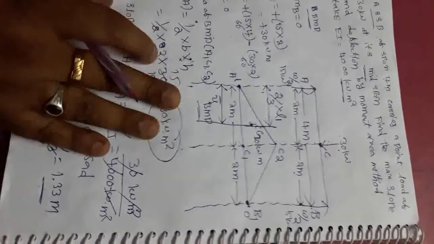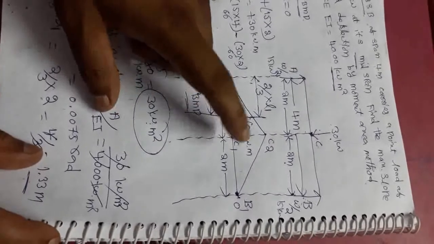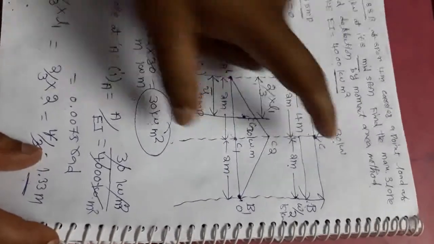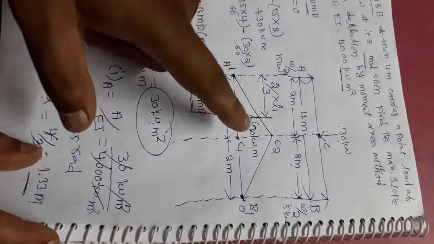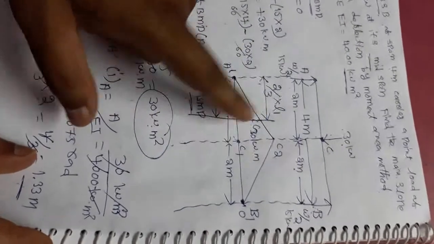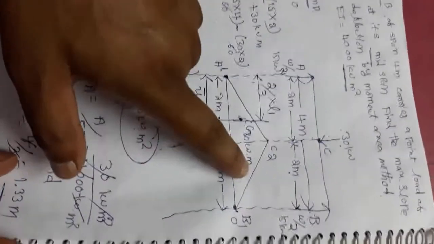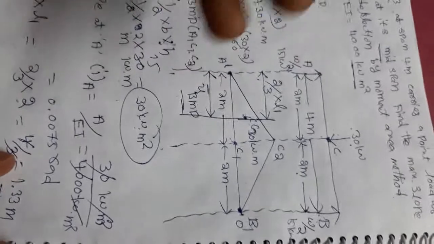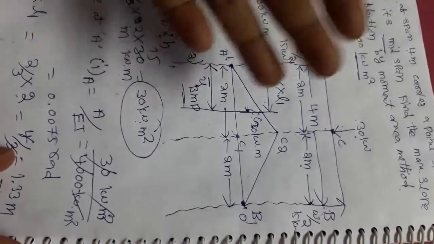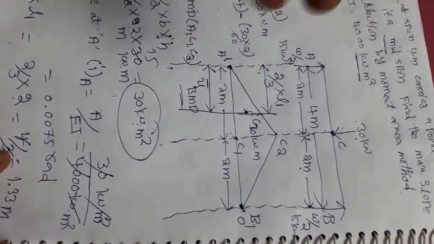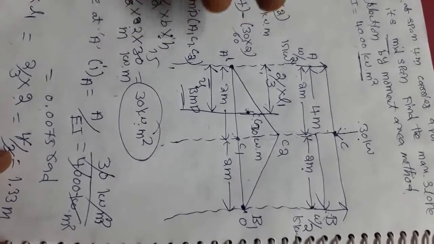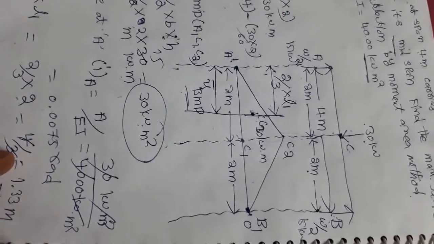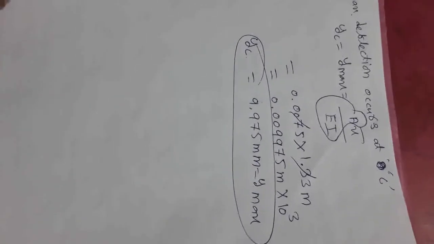The same process applies, but you will have multiple diagrams for the loads. Here you get only one triangle and another triangle, but in upcoming problems you can get a triangle, a rectangle, a trapezoid or a square. This problem is very, very important, so practice it multiple times. Thank you.